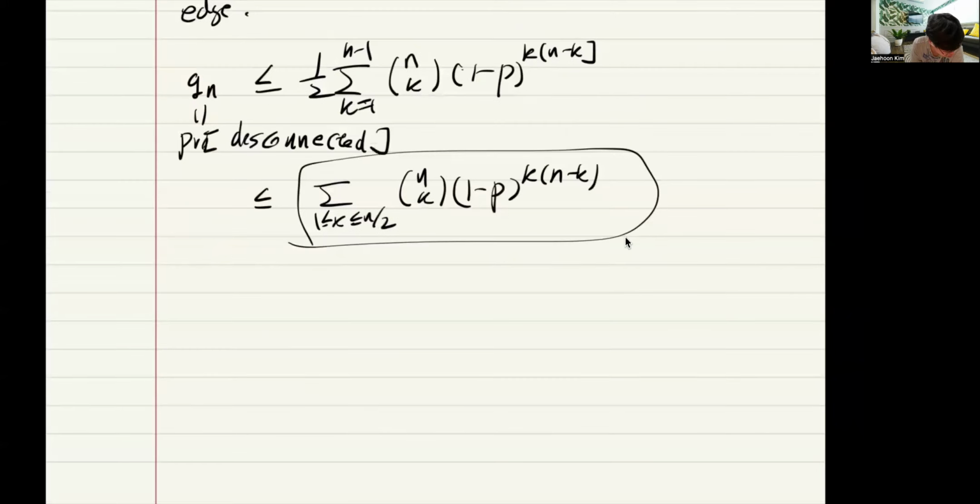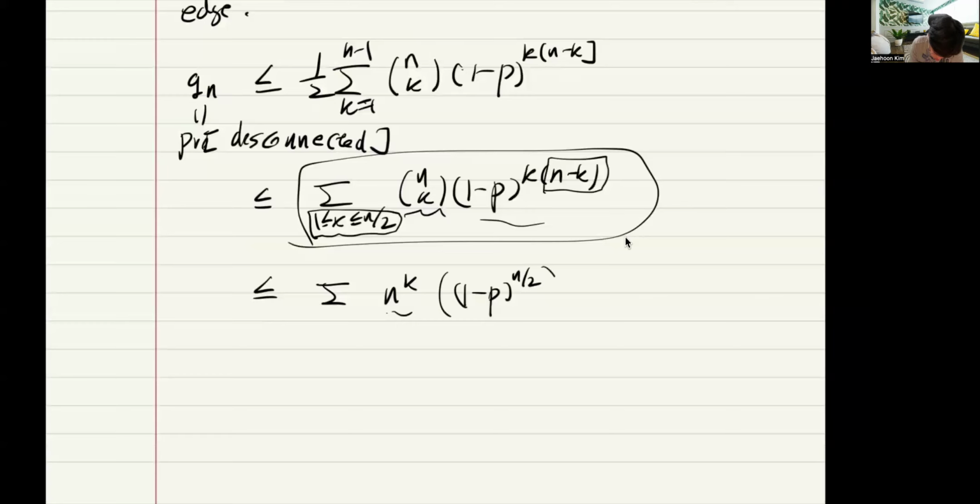But what do you know? By restricting k between here and here, we know that n minus k is bigger than n over 2. So n choose k is at most n to the k, and this is (1 minus p) to the n over 2, to the k.